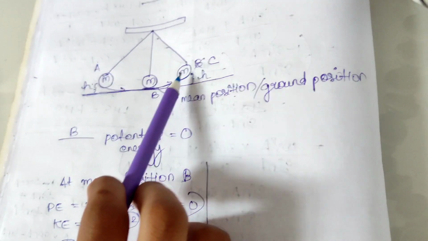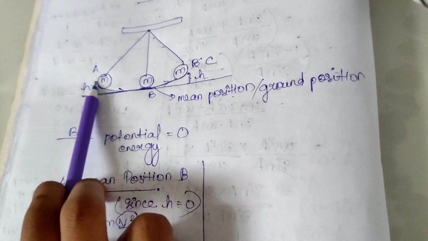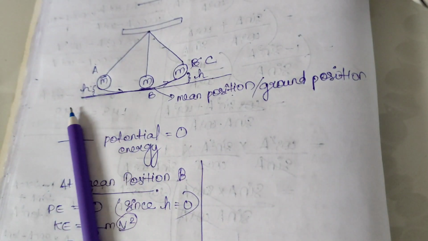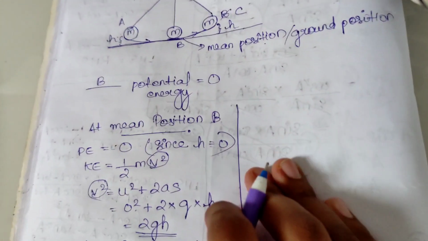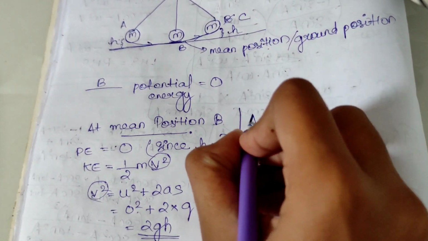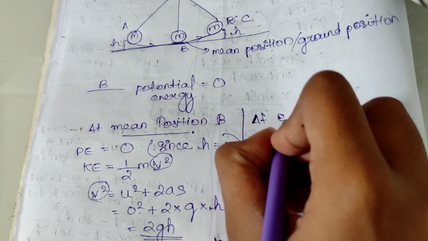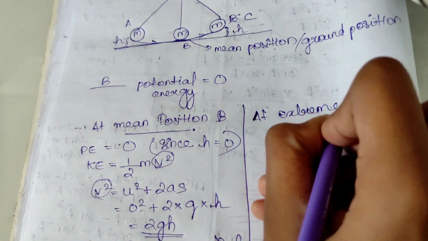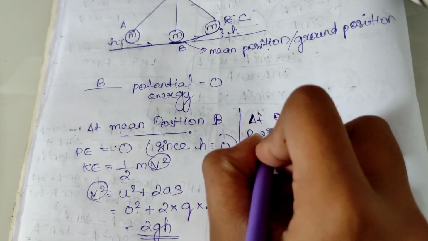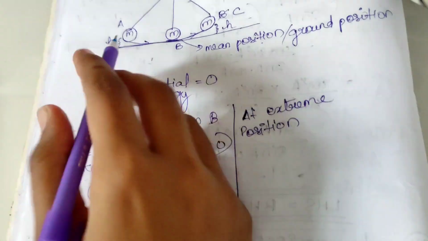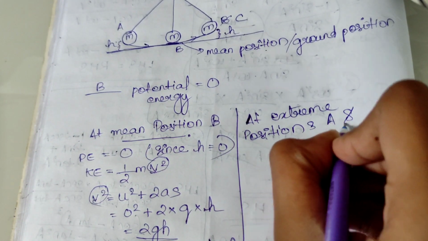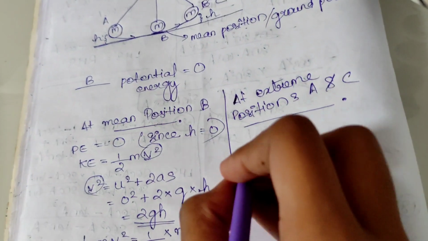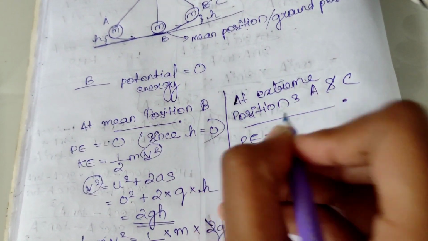Now let's see the energies at extreme positions A and C. Both A and C are the extreme positions. What is the potential energy?